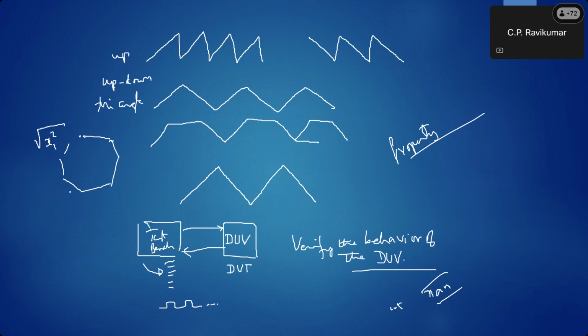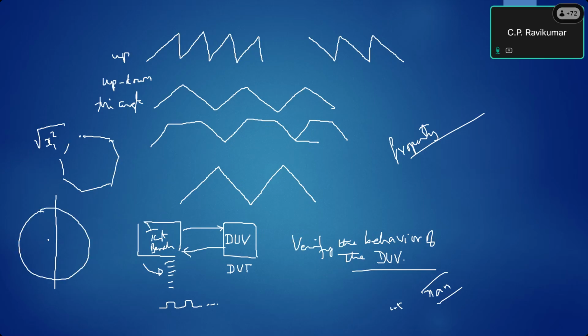So maybe I could take points on a circle or something like that. I mean, I could take points like this. When you do that, the distances all will be identical. This distance is the same as this distance, etc. So if I have created something like this, then I could write the property that I expect for this data: that all the distances are identical.